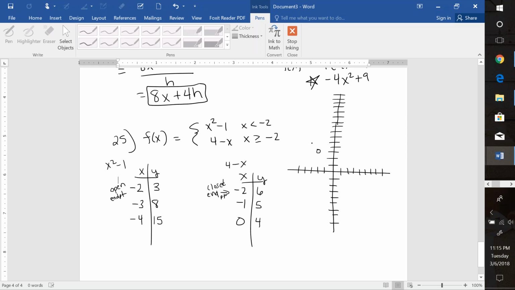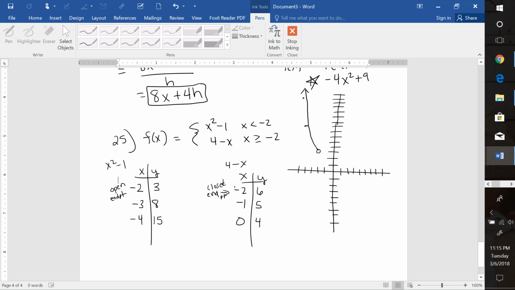And then -3, 8. And that's too far over, sorry. And then -4 is at 15, which is way up here. These aren't lined up perfectly because I'm trying to graph without grid lines. And this has a parabola-like shape because it's x squared, so notice it's kind of curved.